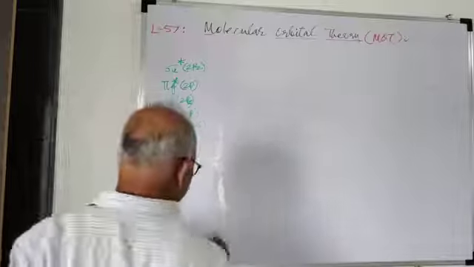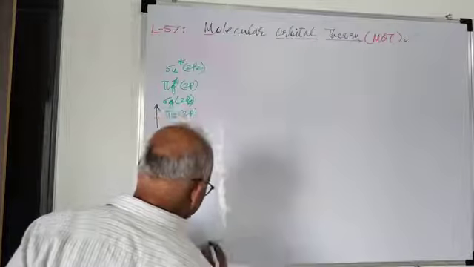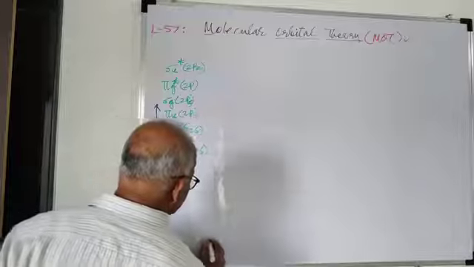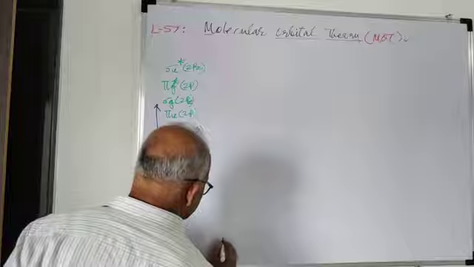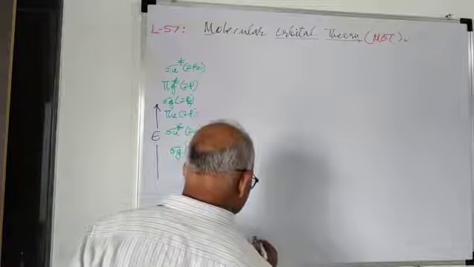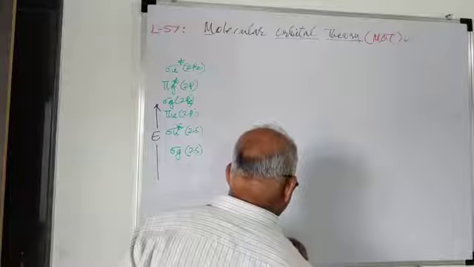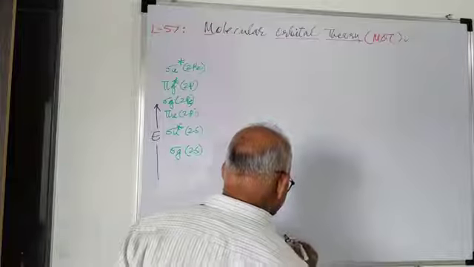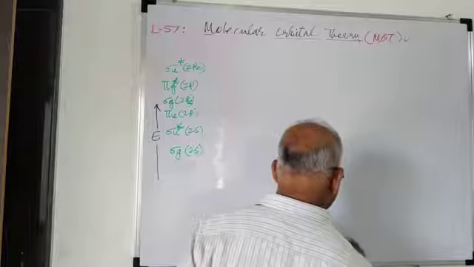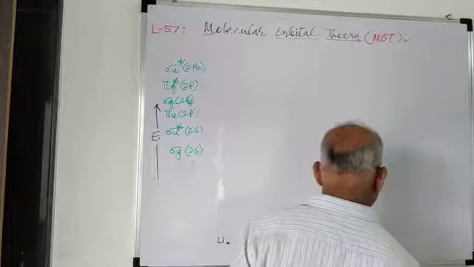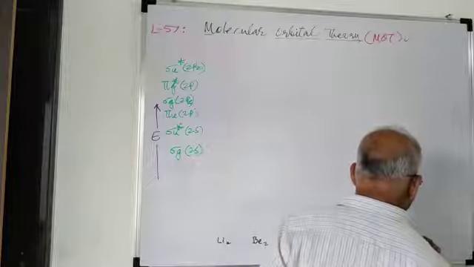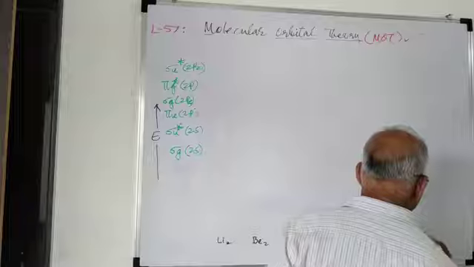Now we will show these in case of different molecules. So when we consider molecules like Li2, then there is Be2, then B2, then there is C2, then there is N2, then there is O2, and next is F2, and last is Ne2.